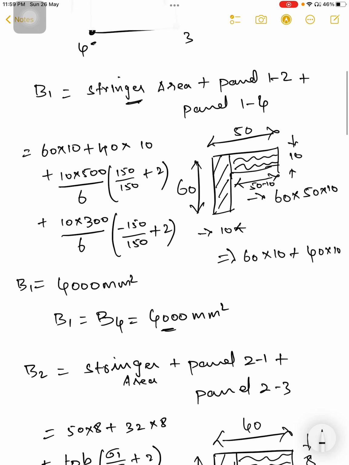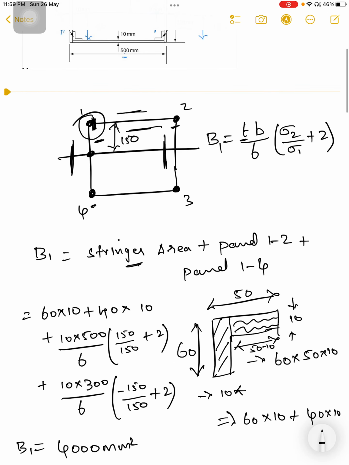So we are taking the moment at this point. For this point, the panel 1 4, that is boom 1 and 4, lies on the section, so we will not consider it for the moment. For our moment, we will consider panel 3 4, panel 2 3, and panel 1 2.